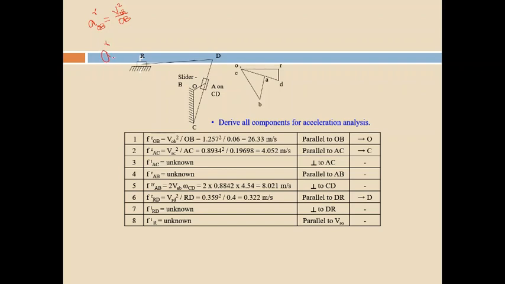The piston is B. It will have a radial component, but I don't know the value, but it will have a Coriolis component. For Coriolis component, the formula is 2 into VAB into omega CD.